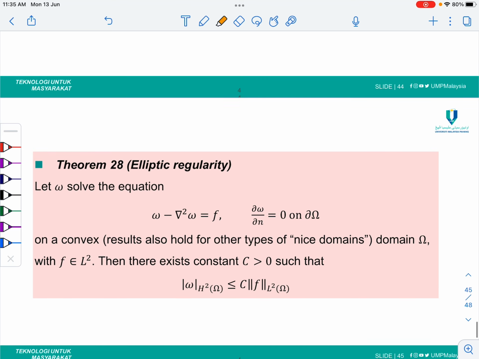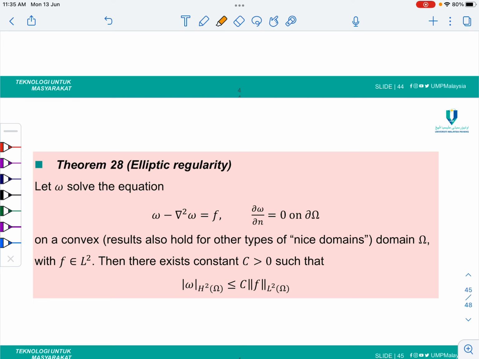Theorem 28, elliptic regularity. Now let w solve the equation w minus the Laplacian of w equal to f, the Helmholtz equation, where the normal derivative of w equals 0 on the boundary.